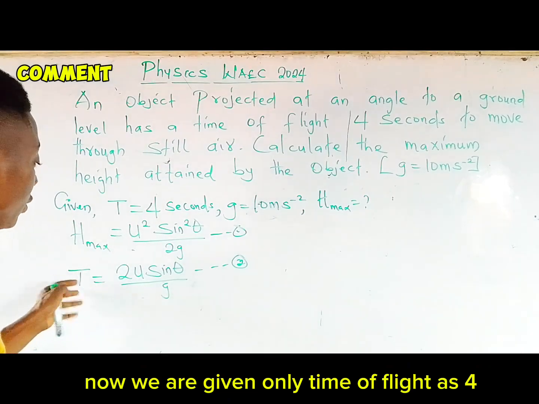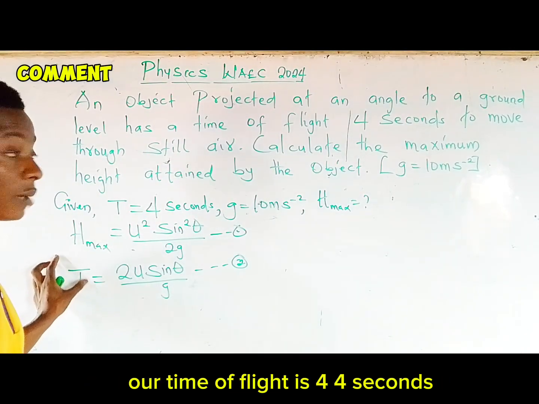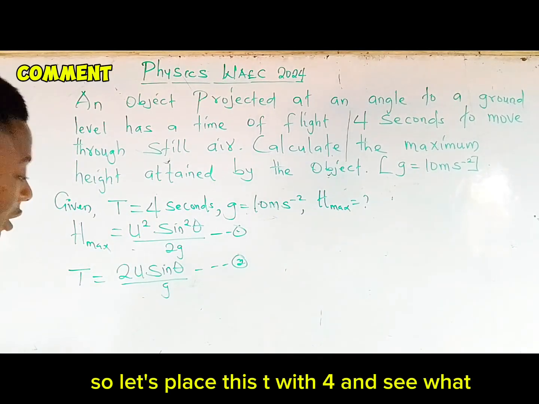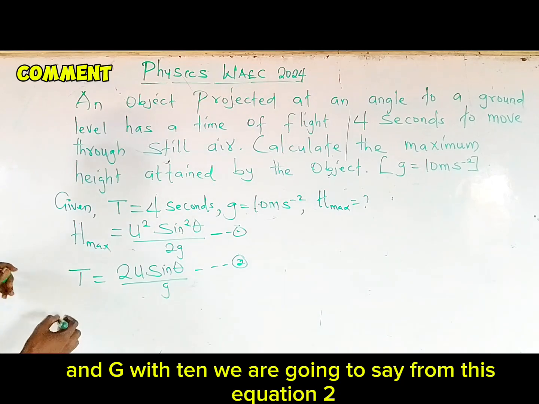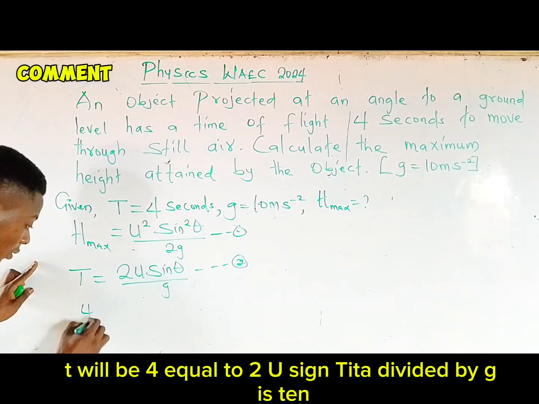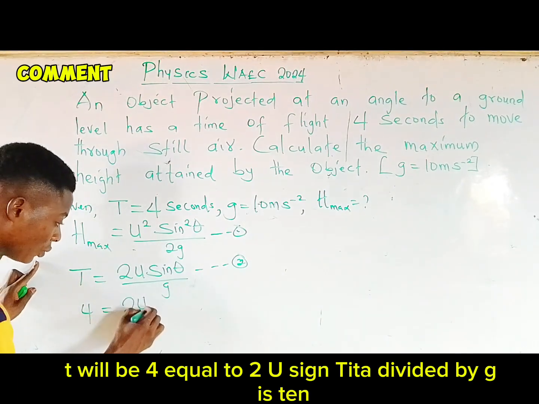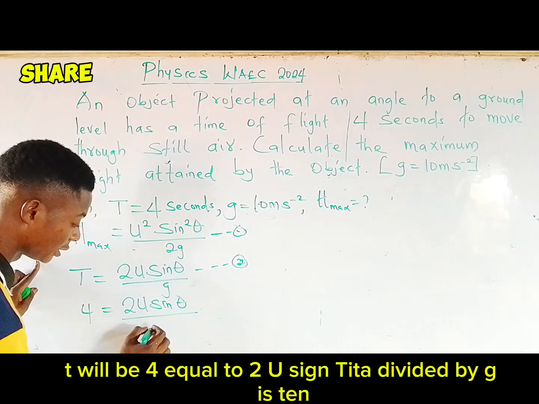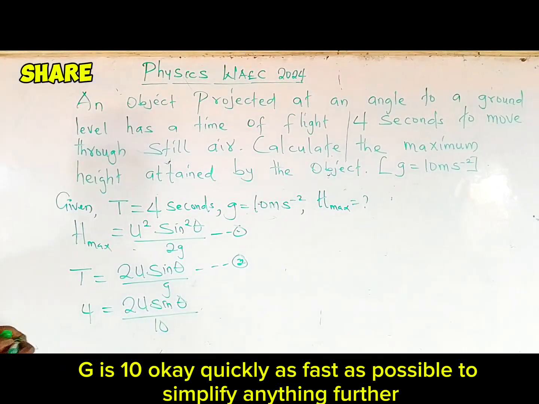Now, we are given only time of flight as 4 seconds. So let's replace t with 4 and g with 10. From equation 2, we say 4 equals 2u sine theta divided by g, and g is 10.